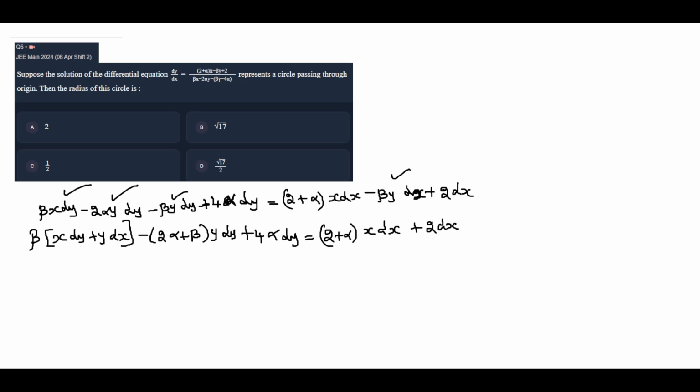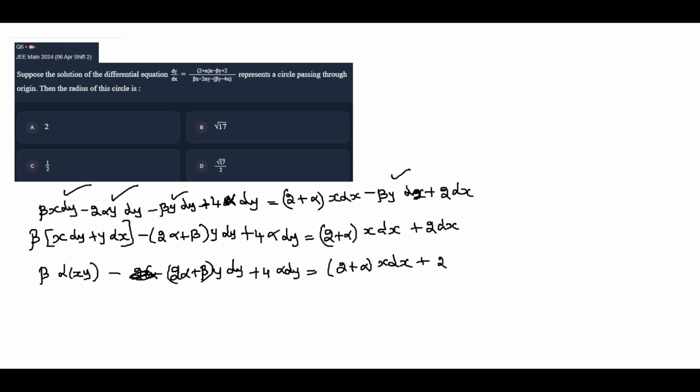Okay, so beta d of xy minus 2 alpha plus beta into y dy plus 4 alpha dy, which is equal to 2 plus alpha x dx plus 2 dx.